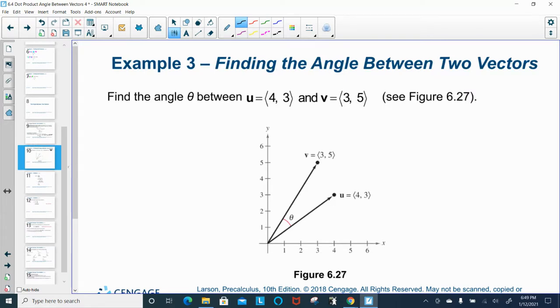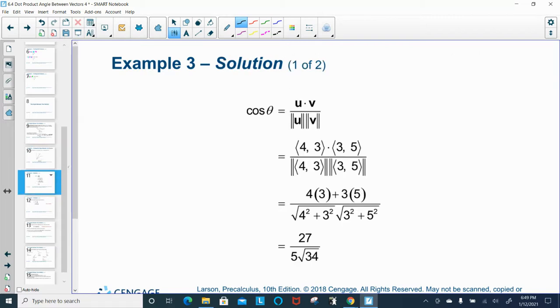So here we have two vectors, 4, 3 and 3, 5. On the top, we'll do the dot product. 4 times 3, 3 times 5, add them together, 12 plus 15 is 27. Then we'll find the magnitude of each one by using the Pythagorean theorem.